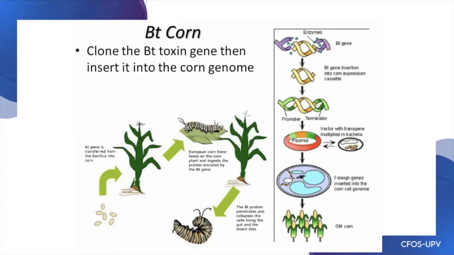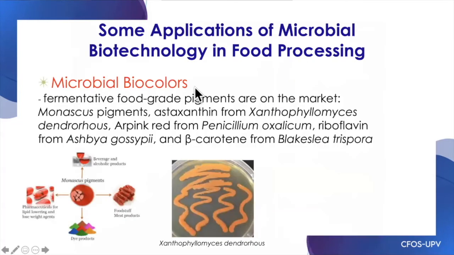So yung BT gene, no, has a protein that kills the corn borer. Specific lang yung protein na yon sa insects. Walang receptor yung ating stomach for the protein para magkaroon ng effect sa humans, no? And as to date, wala pa ring reported na adverse effects sa human health itong BT corn. Okay?